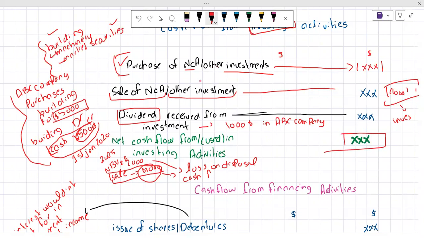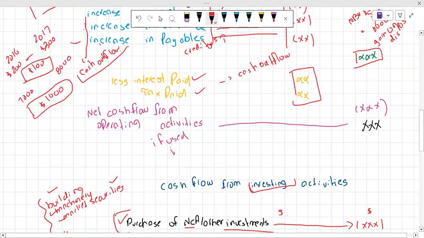So that is why. And in sale of non-current assets or maybe other investments, we are getting cash from outside the business, not from any kind of income or revenue income. Okay. And dividend received from investment, it is also coming from outside the business. So that is why it is also investing activities. This is how it works.